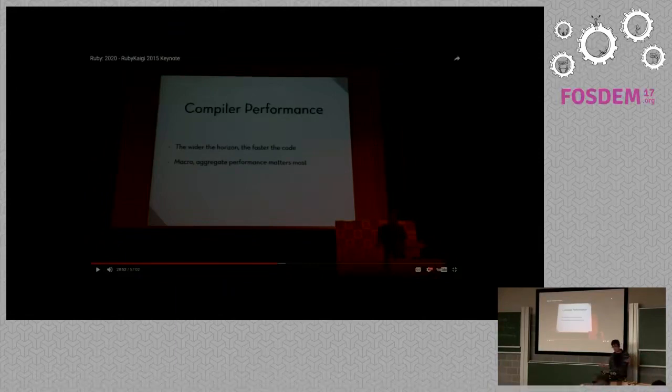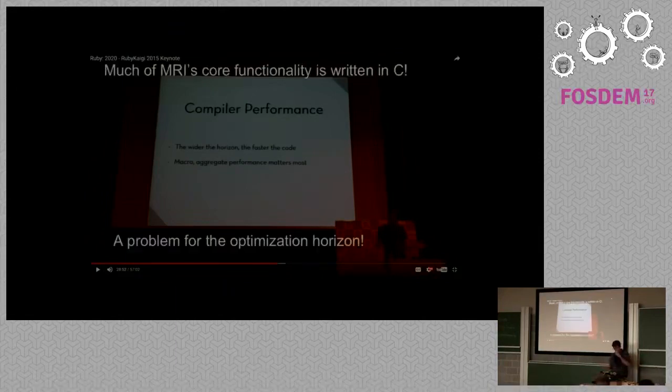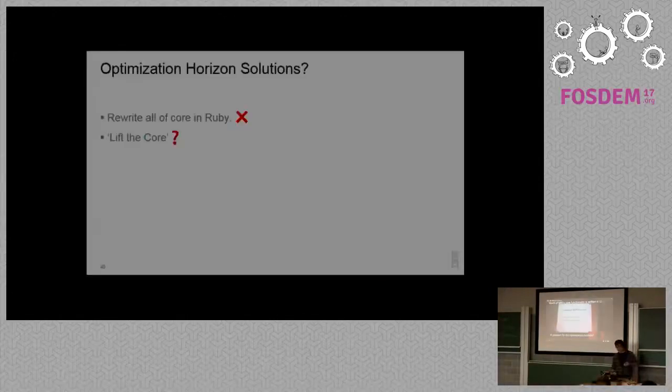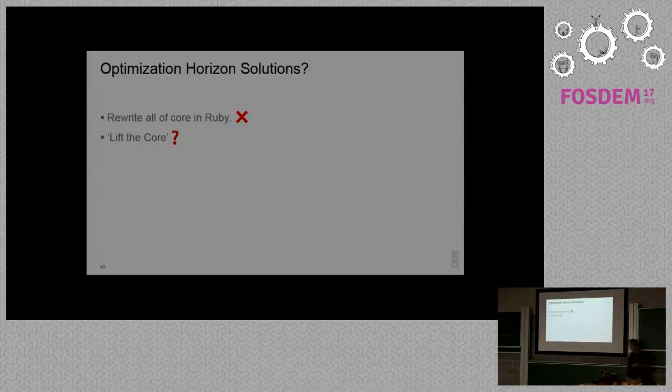Increasing that horizon will really help things. But much of Ruby's core functionality is actually written in C code, which is a problem for the optimization horizon. One of the original conceptions of Rubinius was the idea of writing as much of the Ruby core library in Ruby as possible. That has been successful for Rubinius at times, but has never really been adopted by the MRI core. They've not been super interested in the idea.